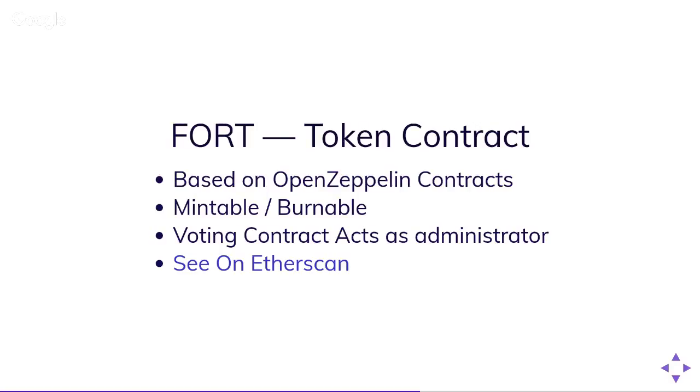Burning tokens is only useful, though, when you have the asset pool do it, because the asset pool, as it burns your tokens, will distribute you a share of the tokens in the asset pool. The voting contract will act as an administrator for the token contract, allowing the issuance of new tokens to be determined by all of the existing token holders.